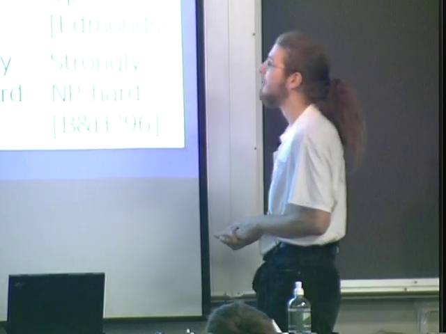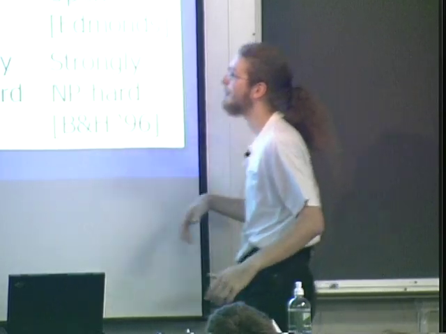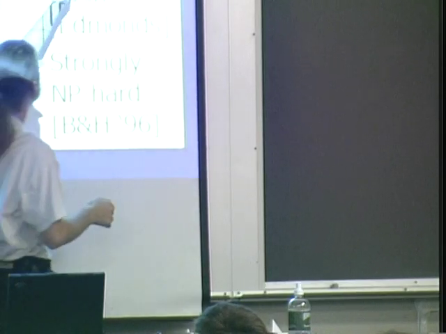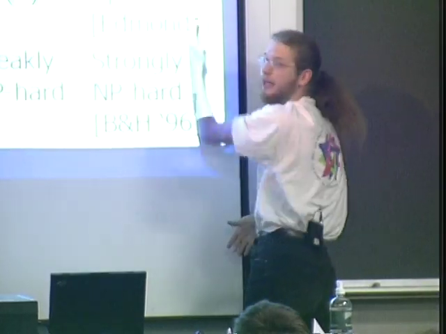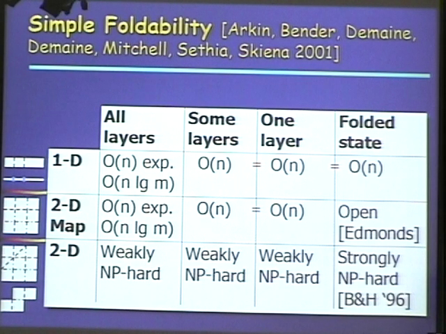This is the picture. So we've got all-layers simple folds, some-layers simple folds, and one-layer simple folds. And over here, for comparison, we have general origami foldings. All I want is a folded state. I don't need a motion to get there. So we saw this Bern and Hayes result that it's NP-hard in two dimensions to tell whether there is a folded state.